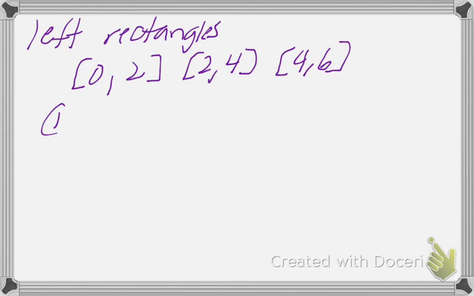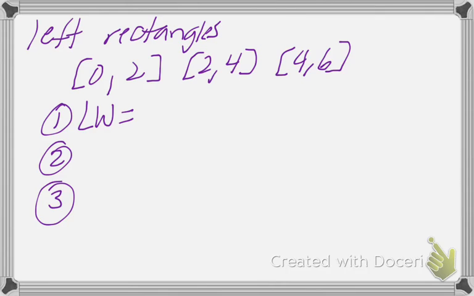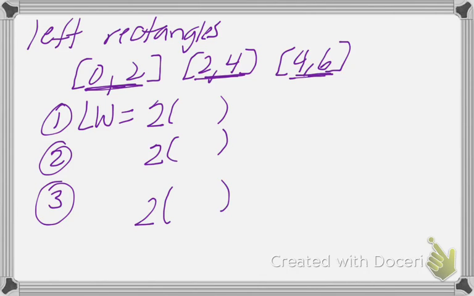So we're going to have 3 different rectangles, and they're all going to be length times width. For the first one, the length is from 0 to 2, so that's a 2. For the second one, it's from 2 to 4, so that's also a 2. And for the third one, it's 4 to 6, so that's also a 2. Okay, so now we're just going to need the heights for each of these. Because we're doing left rectangles, we're interested in the left side.